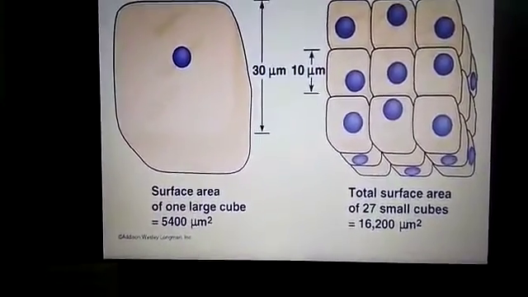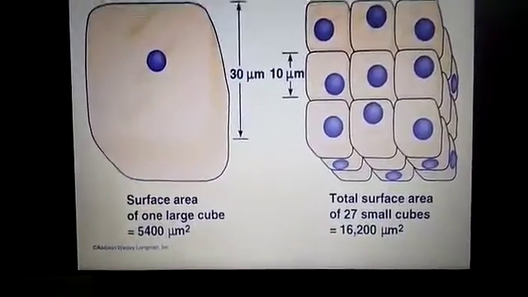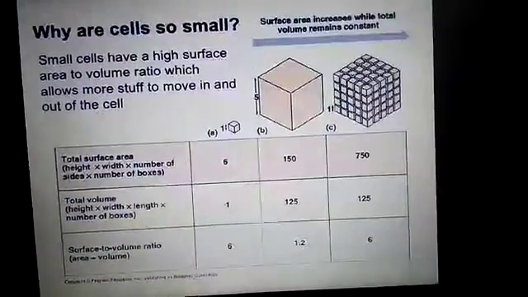So that is about the smallness of cell size.